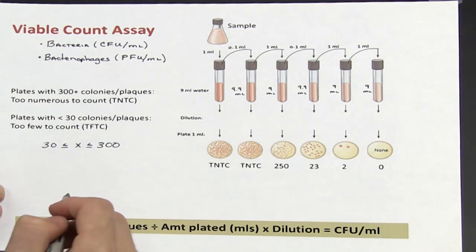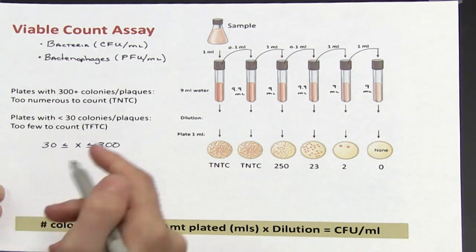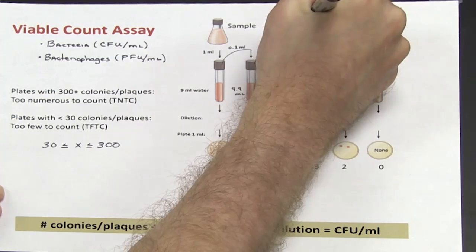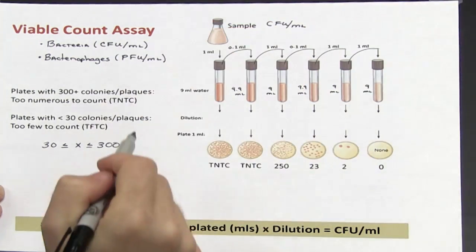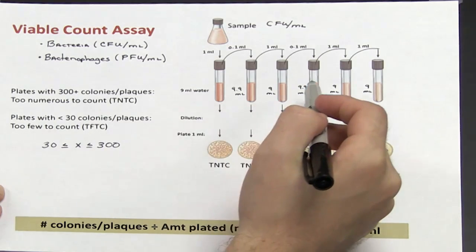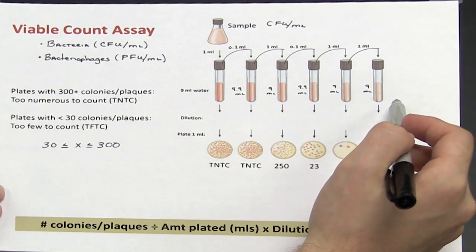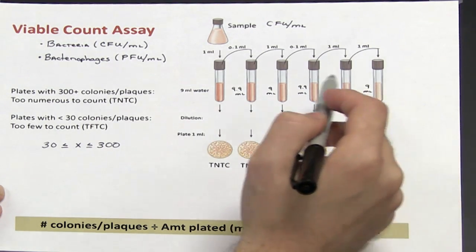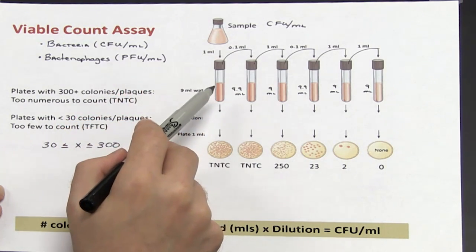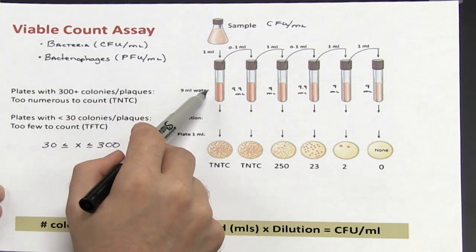So let's look at this problem here. Imagine that I am trying to figure out how many colony forming units per mil are present in this sample. In order to do so, I will make a serial dilution, as you see here in the diagram. So I begin by taking 1 ml and adding it to 9 ml of water.